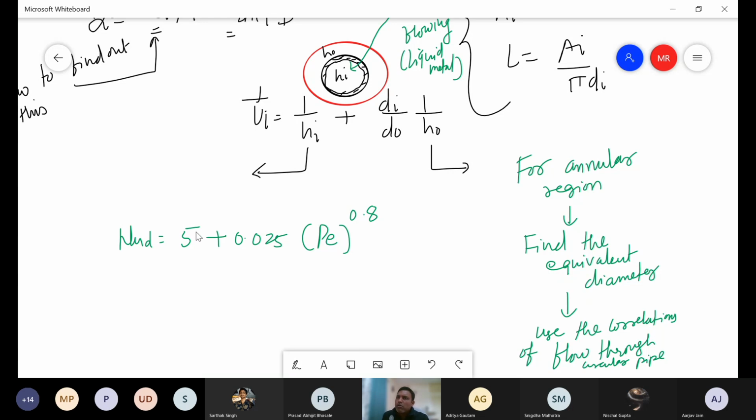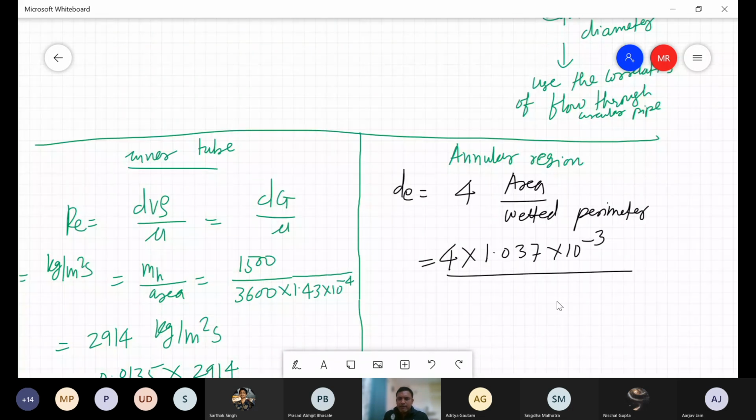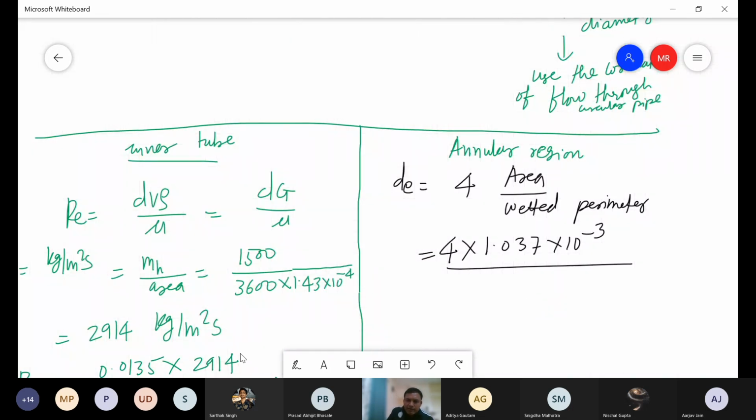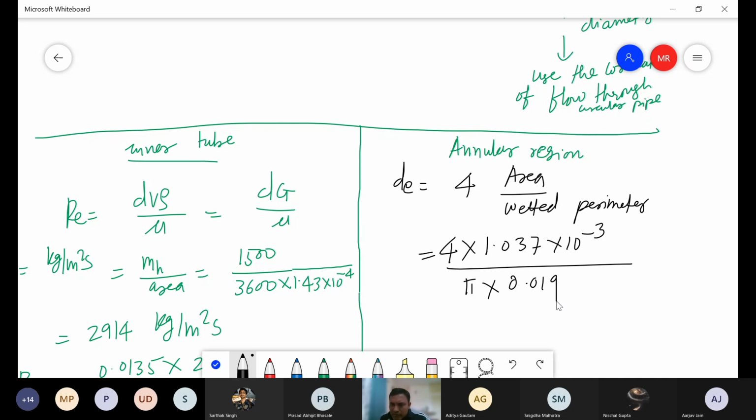So that will be pi into pi d will be there, but that d will be the outer diameter of the inner tube, isn't it? So that will be given as pi into 0.019. Do you all agree? Isn't it?